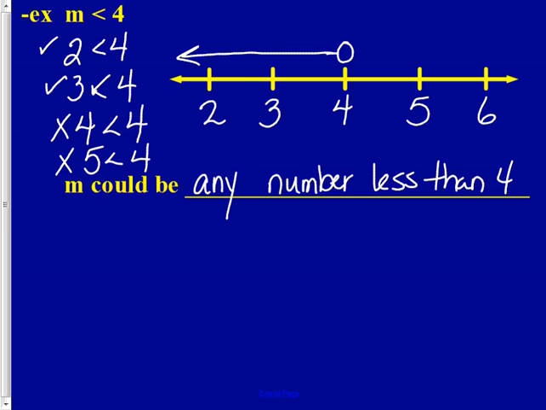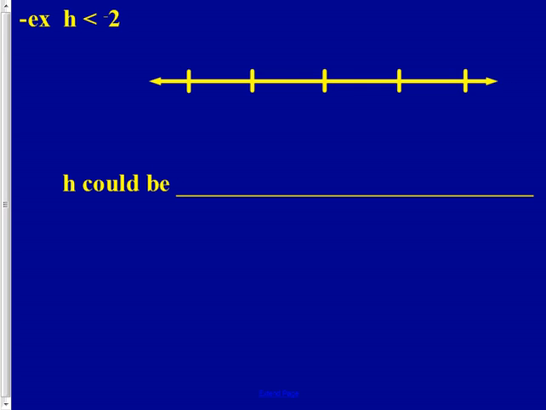Let's look at another example. h is less than negative 2. So if h has to be less than negative 2, we put negative 2 here. Remember, we're going negative 1, 0. As we go to the right, numbers get bigger, so we're getting closer to 0. As we go to the left, the numbers are getting more negative. Numbers always get lower as they go to the left.